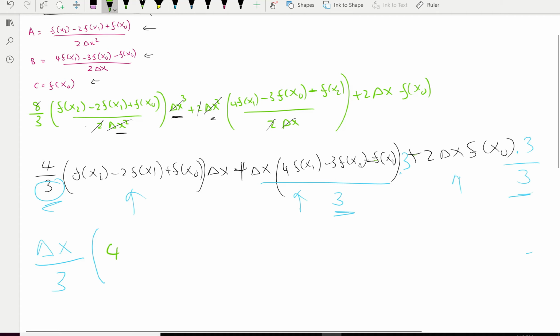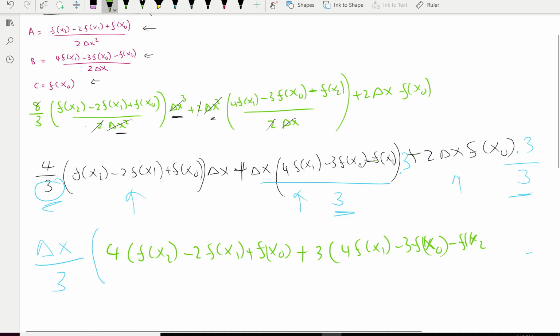So it's going to be 4 times f(x2) minus 2f(x1) plus f(x0), and plus here we have to multiply by 3, 4f(x1) minus 3f(x0) minus f(x2). Okay, here 3 times 2 is 6 f(x0). Okay, all right, I hope that's correct.